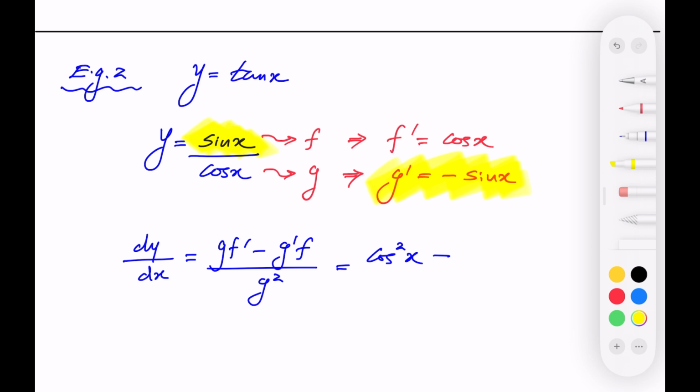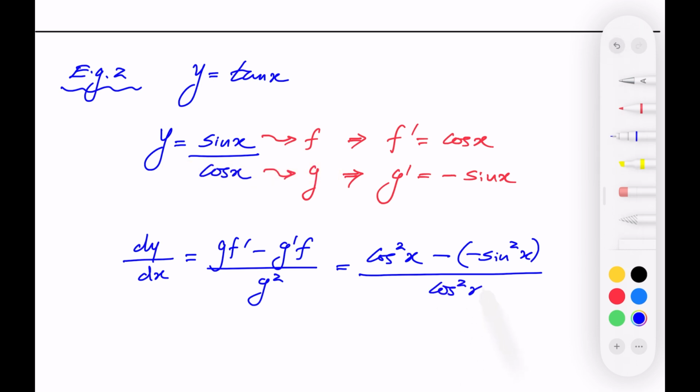Therefore, g prime times f should be equal to negative sine squared x. It's always safe to write negative numbers or functions inside parentheses. It's negative sine squared x. All of that has to be divided by g squared. Since g is equal to cosine x, g squared is equal to cosine squared x in the denominator.